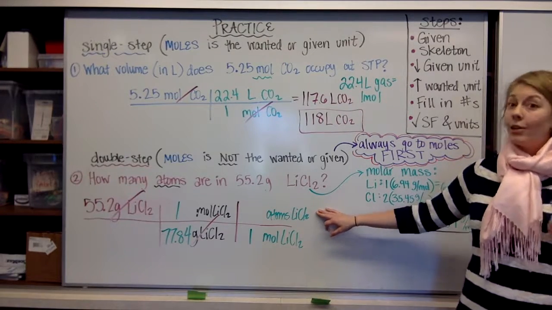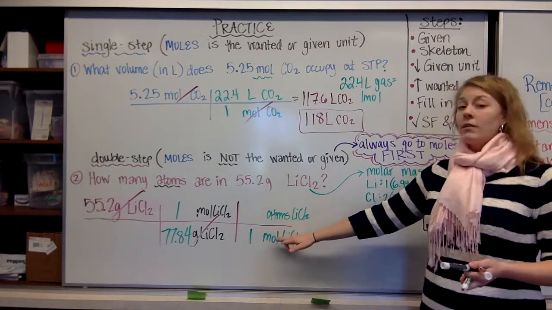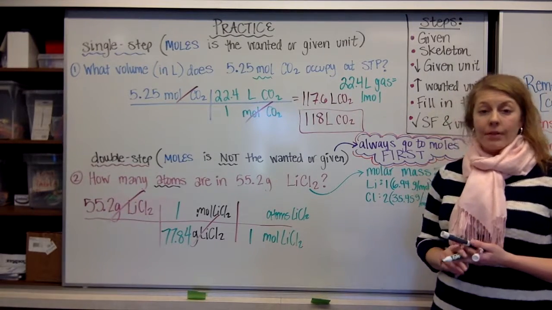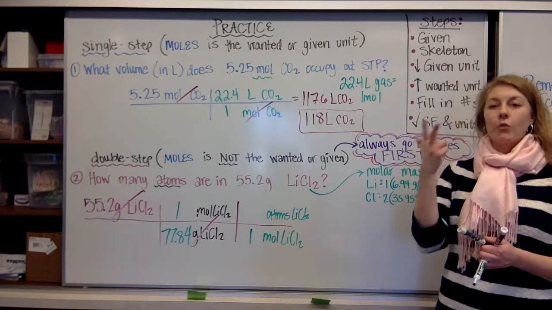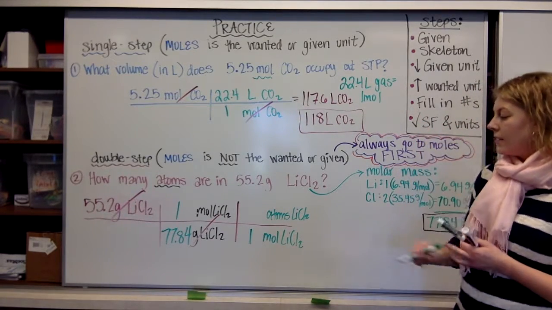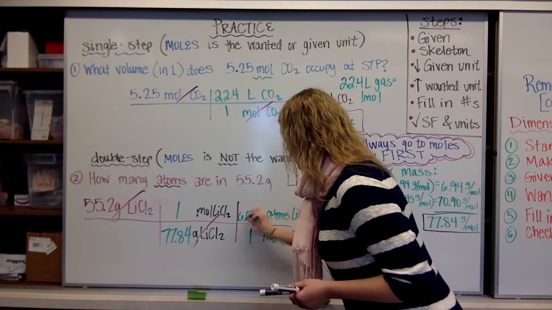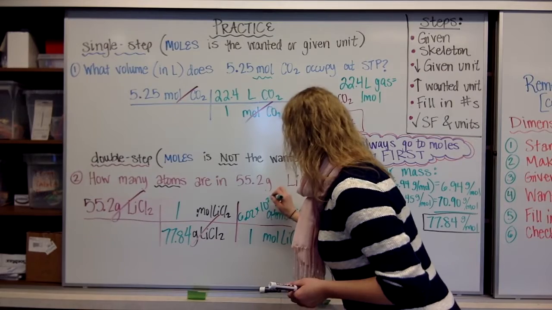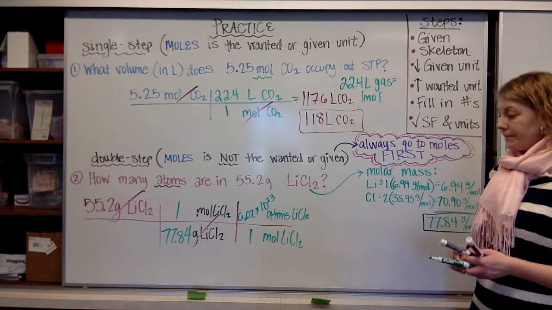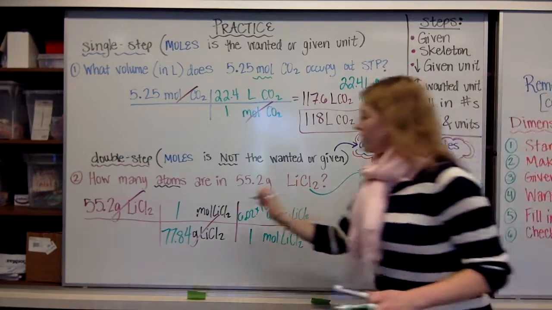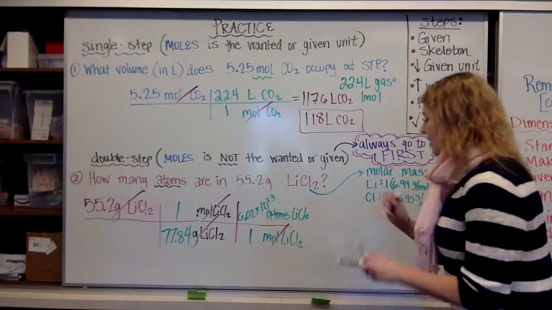Now, if you remember and look back at your equivalency statement, the 1 mole is equal to Avogadro's number in particles, whether the particles are atoms, molecules, or formula units. Okay? So, 6.02 times 10 to the 23rd atoms of LiCl2. My moles cross off, and I'm left with atoms.